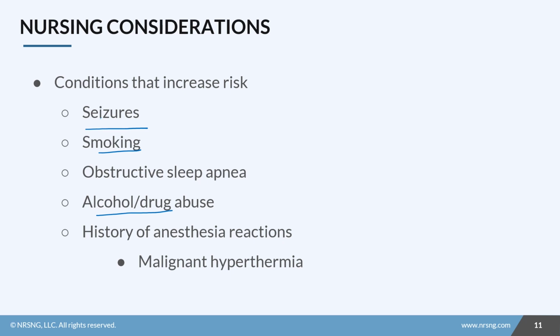A super important consideration is a history of anesthesia issues that the patient or the patient's family might have, like malignant hyperthermia. Guys, malignant hyperthermia is an extremely serious, potentially life-threatening condition that is associated with general anesthesia. So make sure you check out the lesson all about malignant hyperthermia.